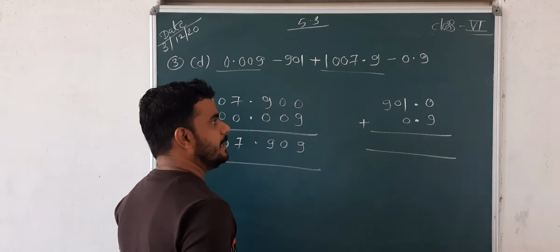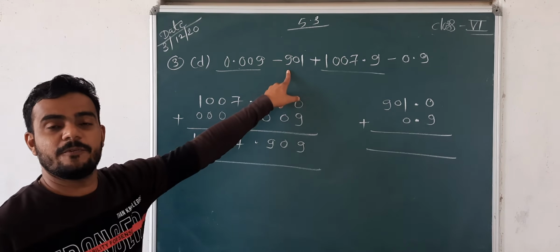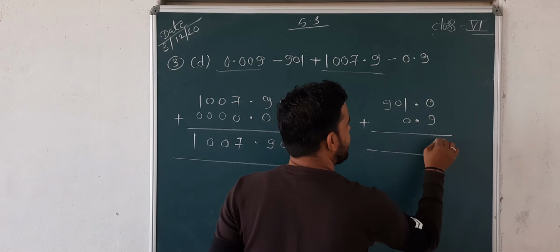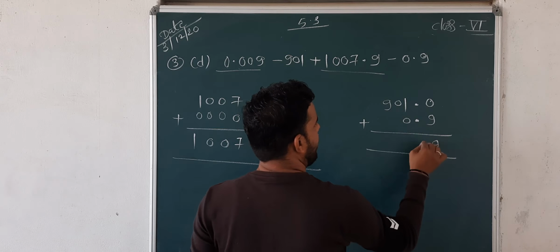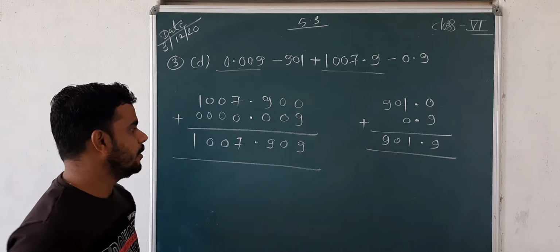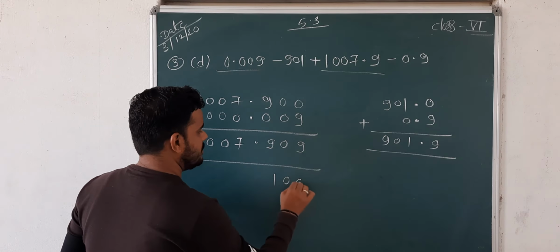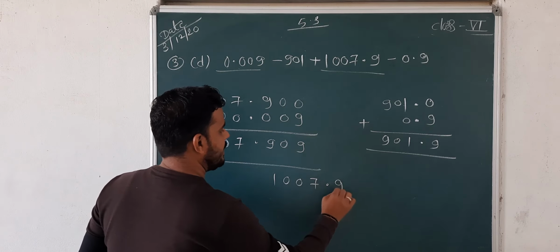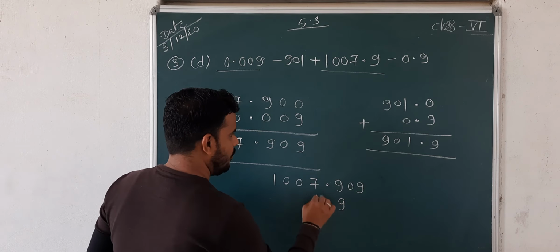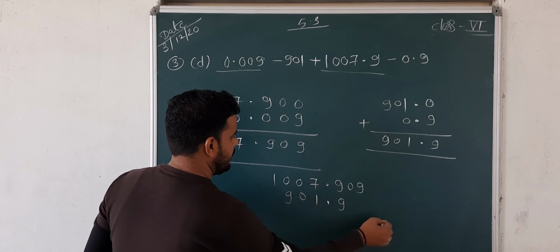Add both negative numbers also. Here are two negative numbers. So first you add both positive and both negative also. So 0 plus 9 then 9. Point as it is, 1, 0 and 9. Now subtract both of these, then you get your final answer. 1007.909 and here also point 910 and 9.